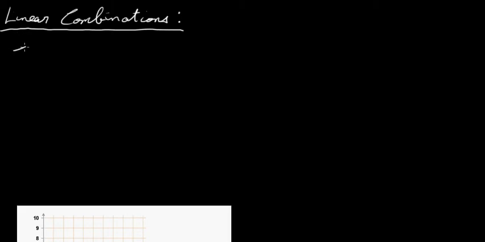If you have two vectors, let's say v1 and v2, and let's say we're talking about R2 here, so the two-dimensional plane.